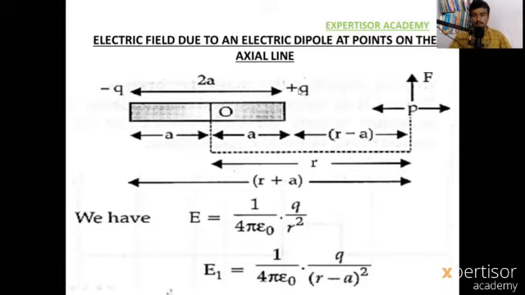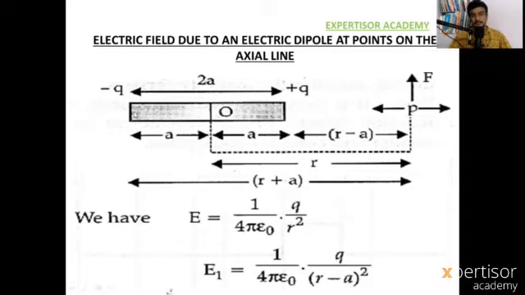Coming to the positive charge, the electric field created by the positive charge, consider that E1. Why do we enter R minus A? R represents, in the normal electric field, the distance between point charge and testing charge. Here the distance between the point charge and testing charge is R minus A. So that's why we enter (R minus A) whole square.